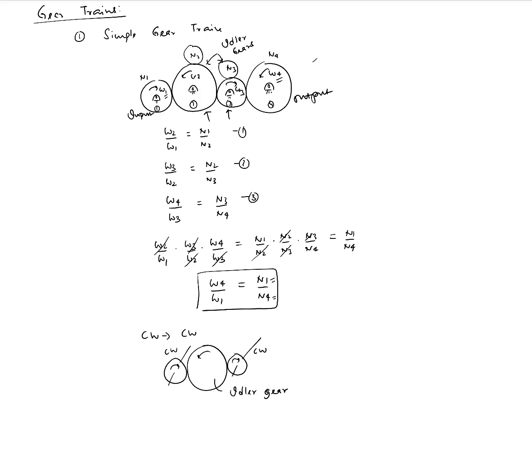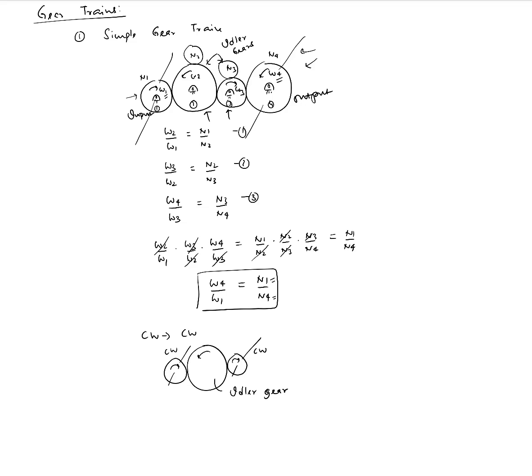Now, where would something like this be employed? Let's say here was your input shaft and here was your output shaft, and you were trying to transmit the motion from the input shaft to the output shaft, separated by a certain distance, and you had gears to squeeze in between. Then you could employ something like this.